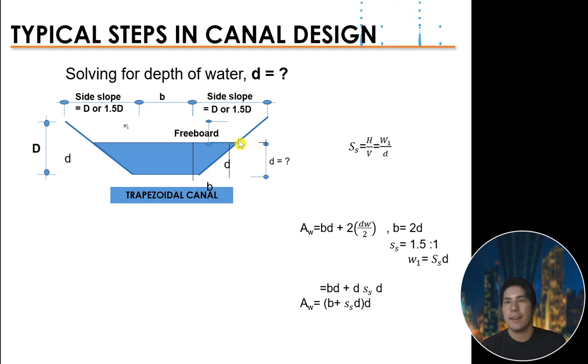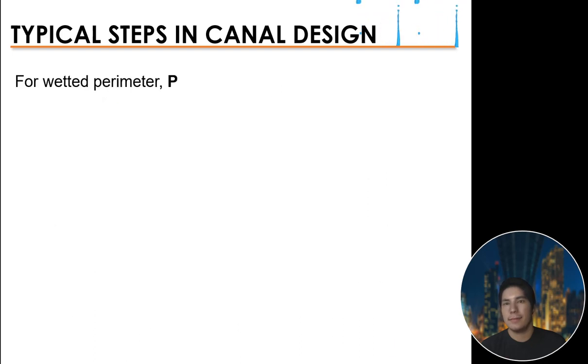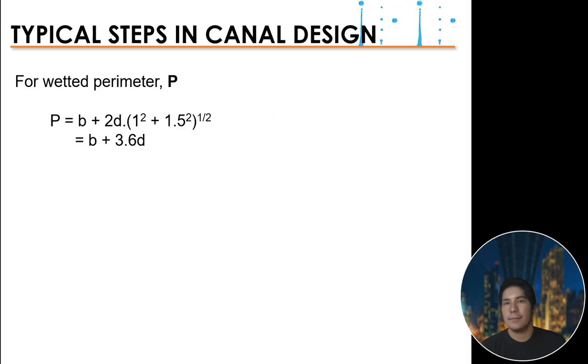Okay, so we need to solve for the depth of our water, using this formula. We have the weighted area, which is B plus 1.5, the side slope, multiplied by the depth, multiplied by the depth. And then we have the weighted perimeter, which is B plus 2 times the depth times the square root of 1 squared plus 1.5 squared, where 1.5 is the side slope.